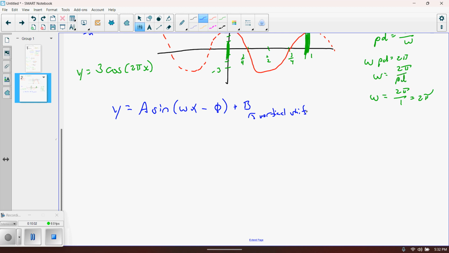And technically your phase shift, because again, you'd have to factor out the omega, would be, let me write this, phase shift would be phi divided by omega. When you factor that omega out, that's going to be your phase shift. So same idea.